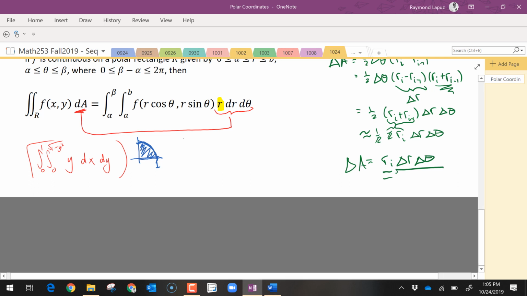When we're doing this double integral over this region and we want to change it to polar coordinates, we're going to figure out what the polar coordinate limits are. I need to know how far my r is going to go.